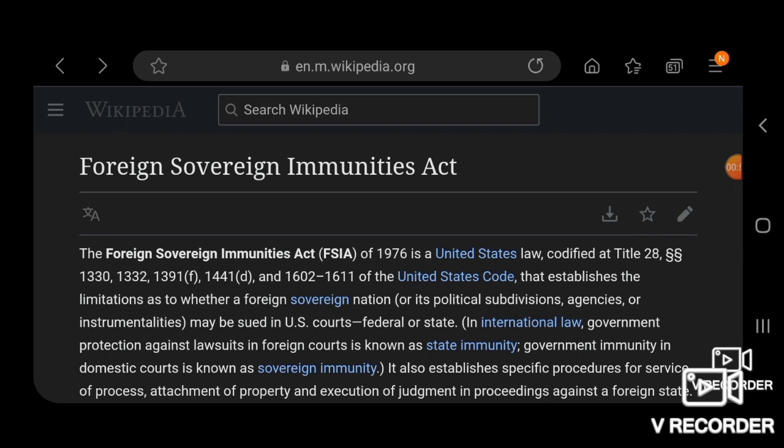Today's topic, again, is the Foreign Sovereign Immunities Act. And the Foreign Sovereign Immunities Act is a very, very special tool. This is how you waive a state agency's immunity, its instrumentalities' immunity, a foreign government's immunity, a foreign corporation's immunity.